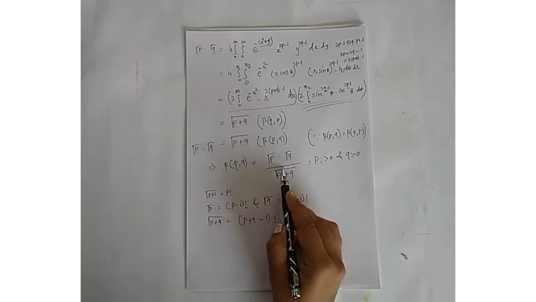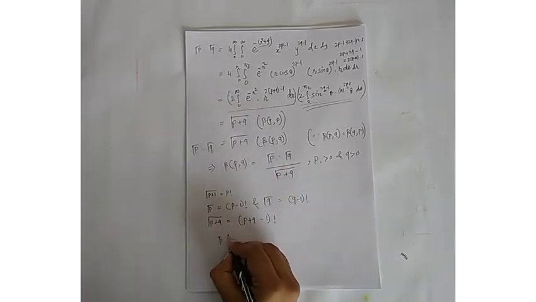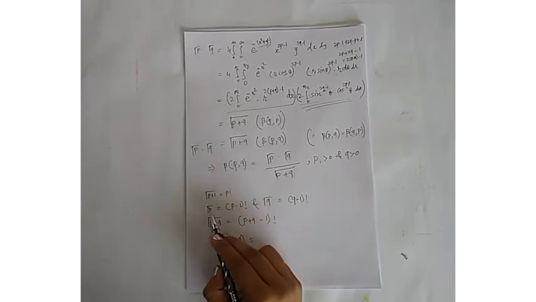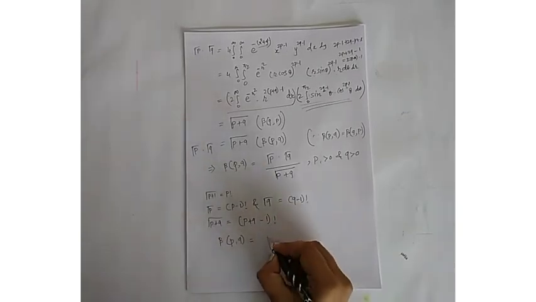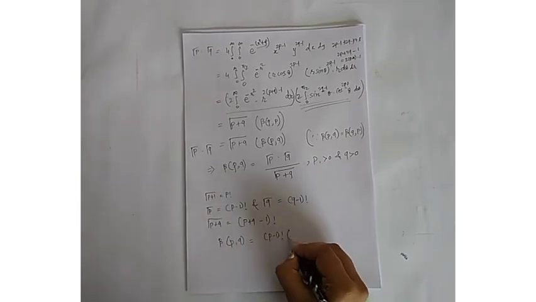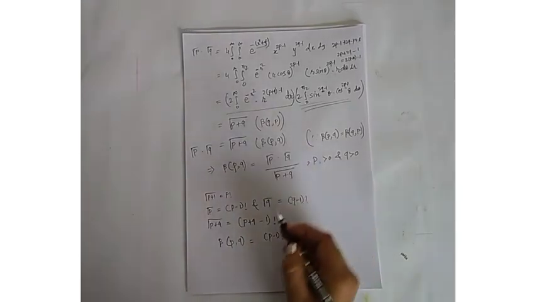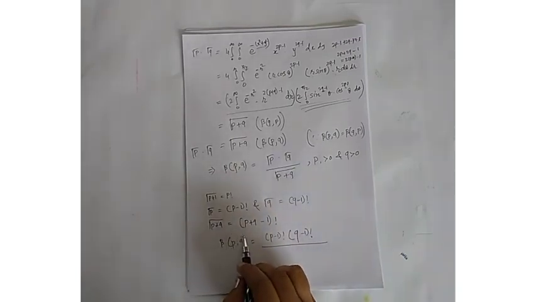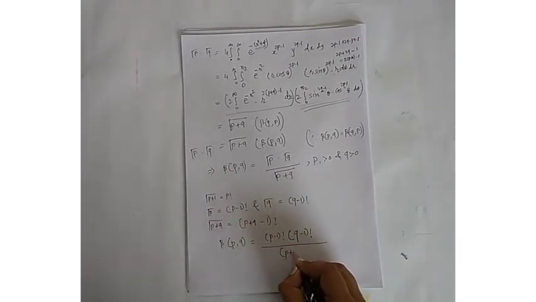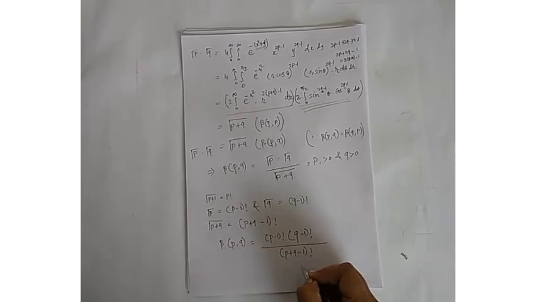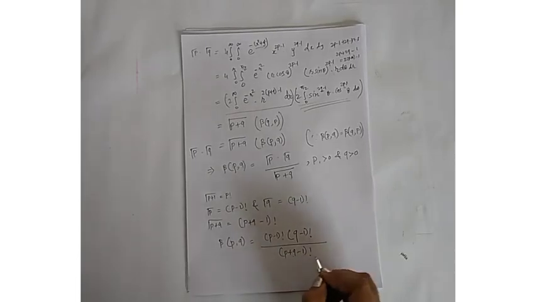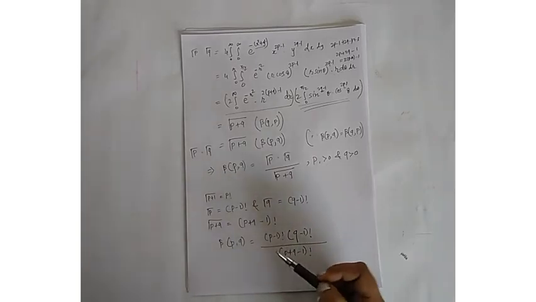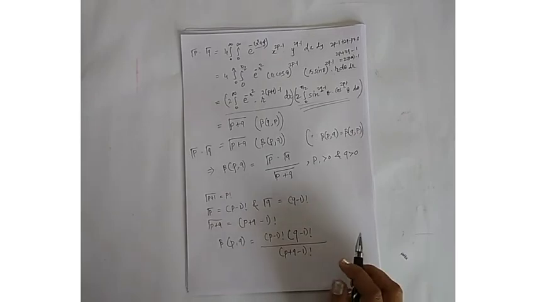Put all these values in this equation, and beta pq becomes, instead of gamma p we write p minus 1 factorial, and gamma q is q minus 1 factorial, upon gamma p plus q, which is p plus q minus 1 factorial. So in an example you can also use this result.